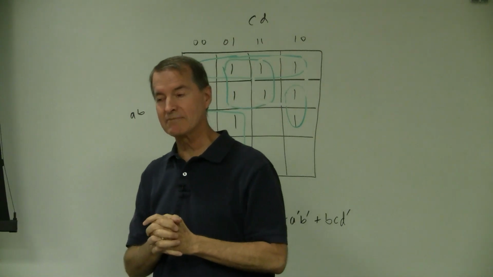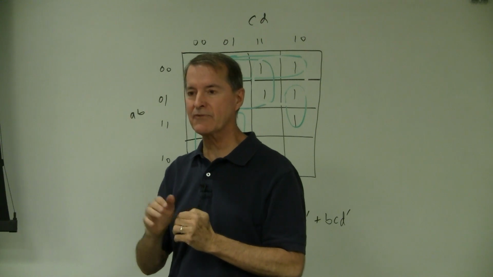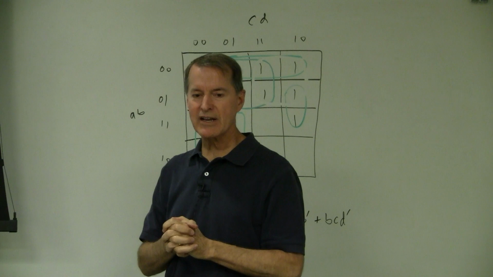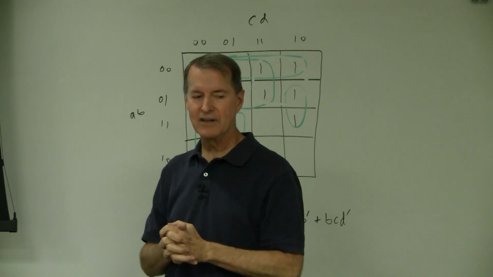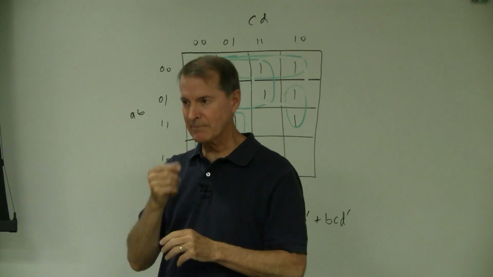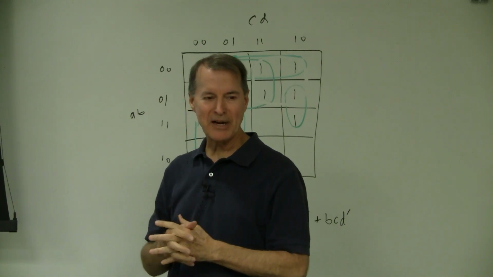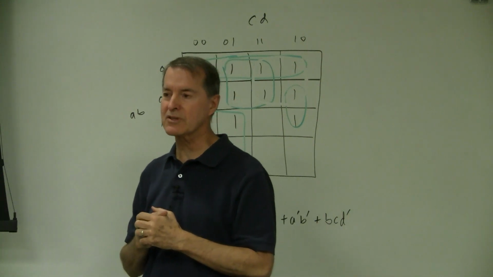But guess what exists? Back in the 1950s, two computer scientists by the name of Quine and McCluskey wrote an algorithm that is able to solve this problem with a program. Oh, by the way, we should know this.